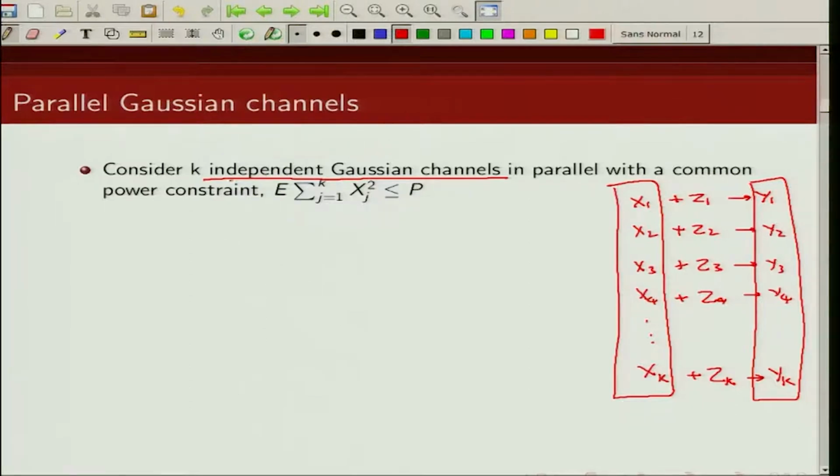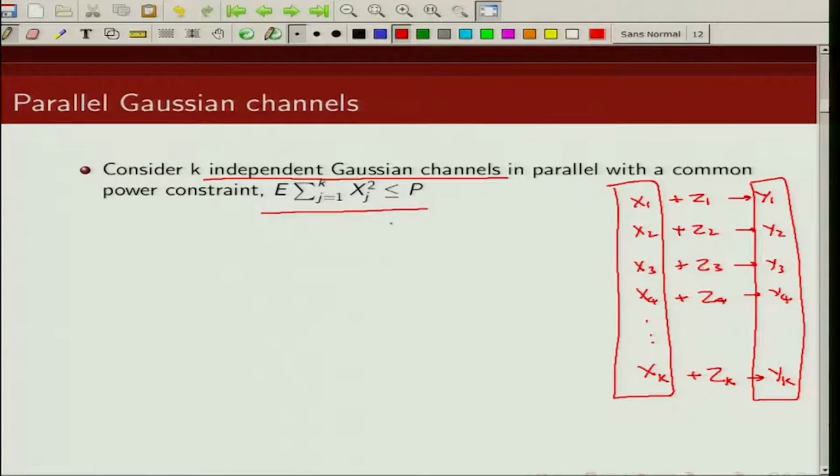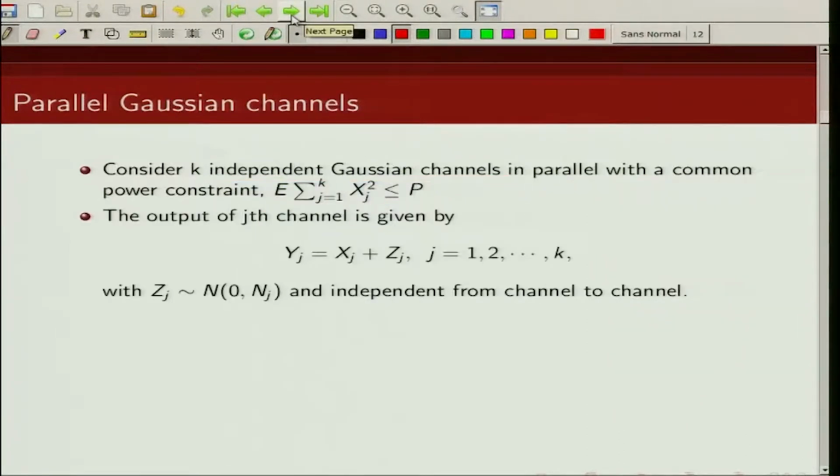So, we are considering k independent Gaussian channels in parallel, and they have a common power constraint, which is basically the expected value of x1 square plus x2 square plus x3 square up to xk square should be less than or equal to P. As we said, the output of the jth channel is given by xj plus zj, where j goes from 1 to k.